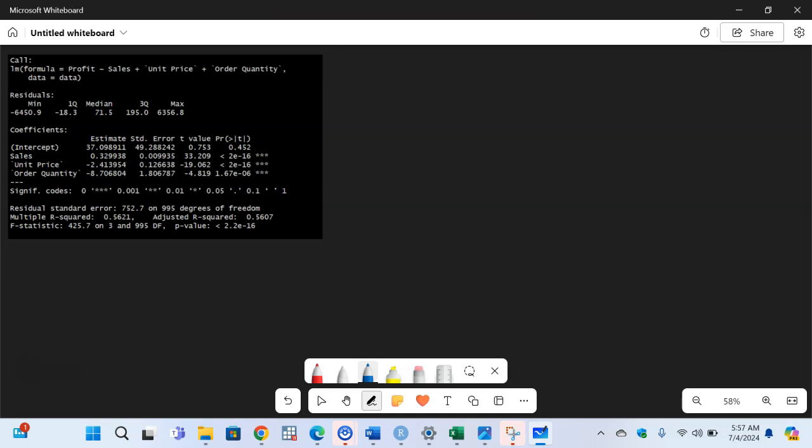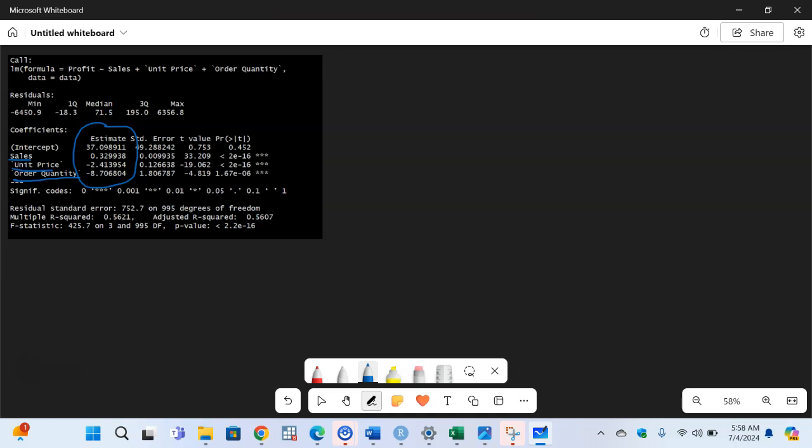It's a multiple regression model. So we have our sales, we have our unit price, and we have our order quantity, and these are the coefficients. Now notice something else. When these variables exist alone, the value of R on its own is very weak.